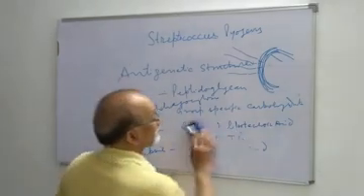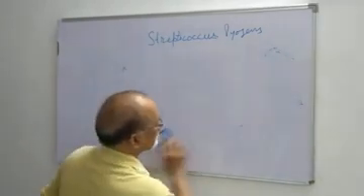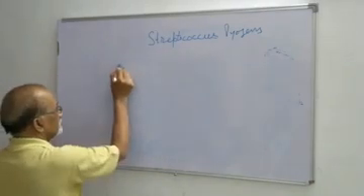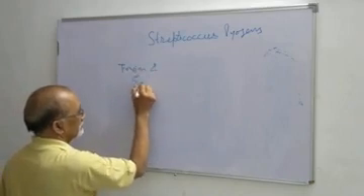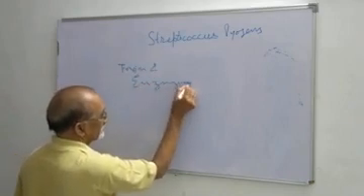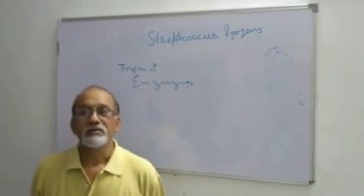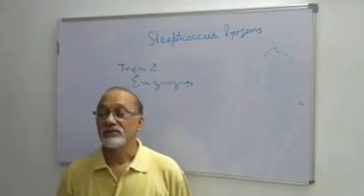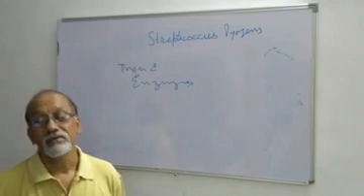Now, toxins and enzymes. Toxins and enzymes which are produced by Streptococcus pyogenes. It produces several endotoxins and enzymes which contribute to virulence.